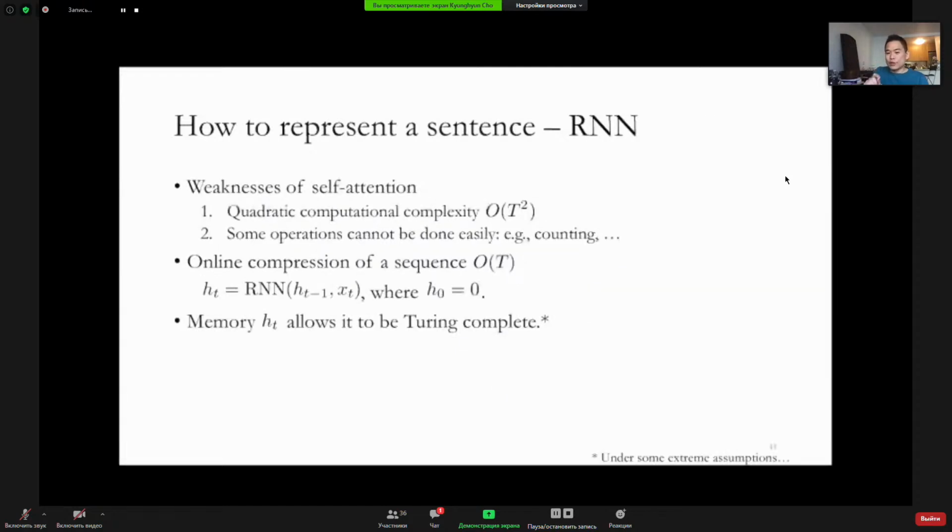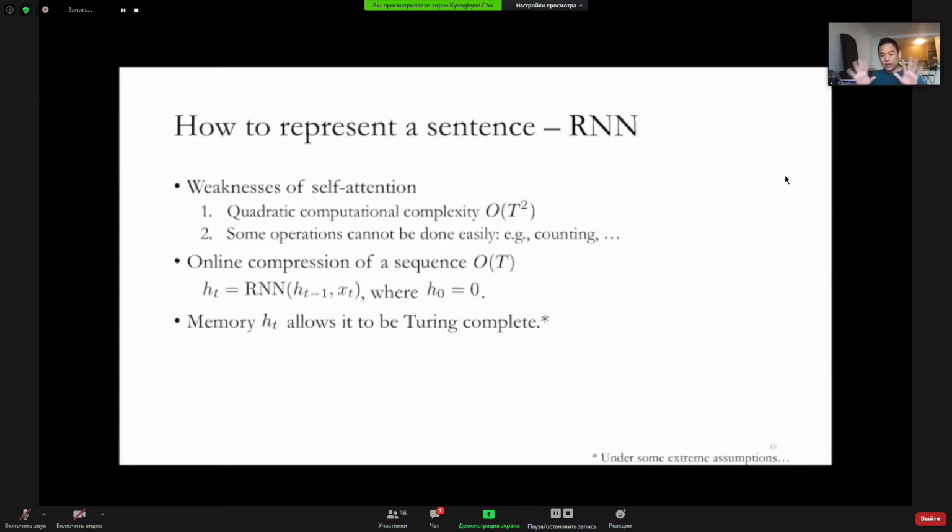So we have a recurrent neural net, which tries to avoid some of the weaknesses of self-attention, such as quadratic computational complexity, as well as the fact that self-attention really cannot, in principle, do counting or many of the very trivial things that we would expect from any neural network or any kind of computer system that works on a sequence, by turning the whole computation into an online computation.